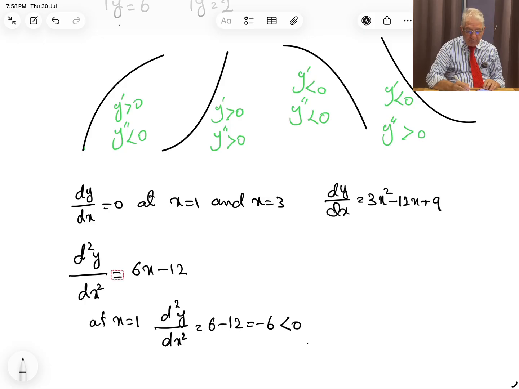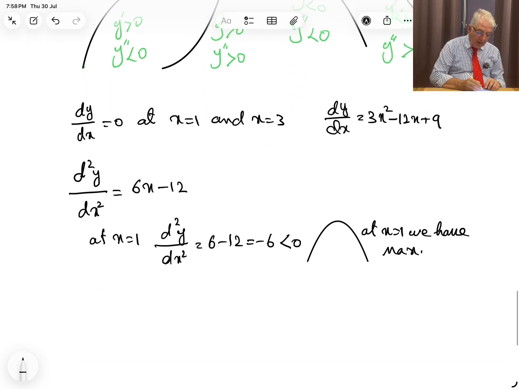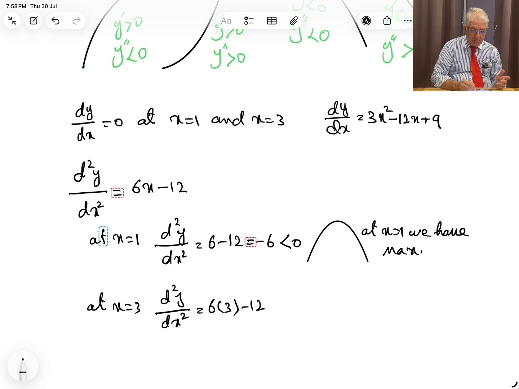So, your graph is something like this. From here you can understand at x equal to 1, we have a maximum. Now, at x equal to 3, d square y divided by dx square is equal to 6 times 3 minus 12, which is clearly 6, which is more than 0.